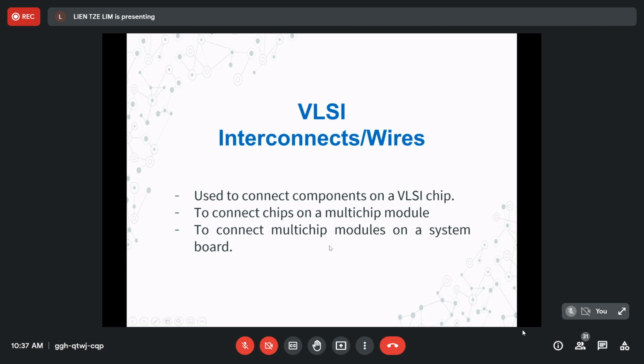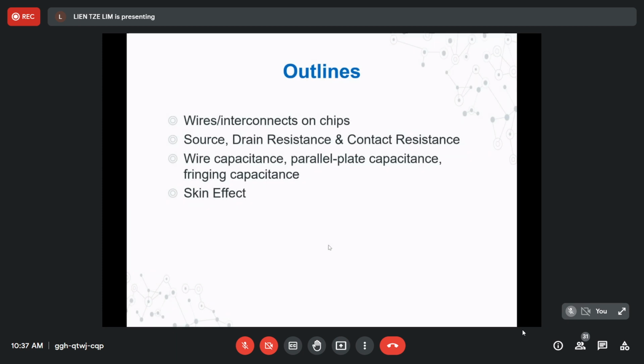So let's have a look at what you all have to learn for this. This is the outline. The outline is on the wires on the chips. In the chips with wire, there are the so-called source drain resistance and contact resistance.